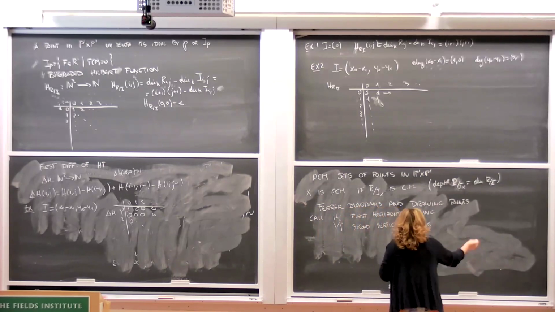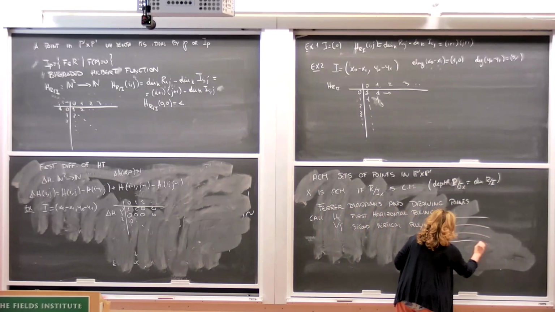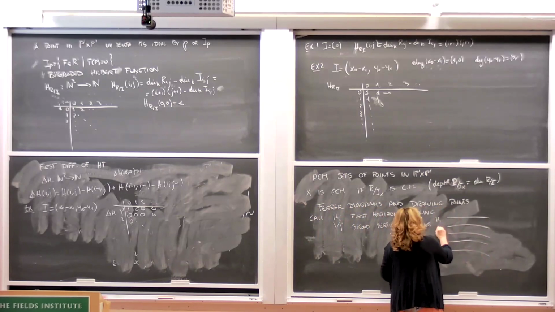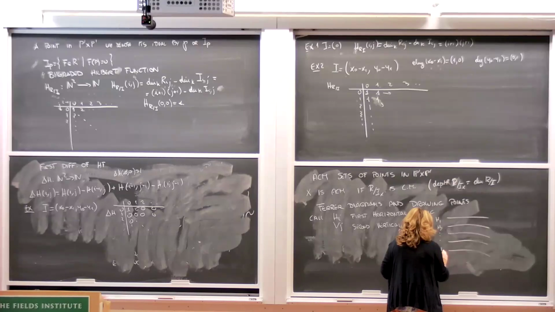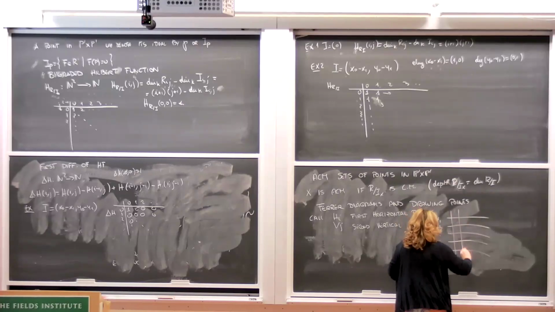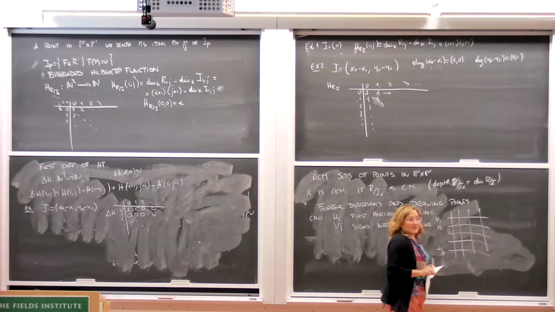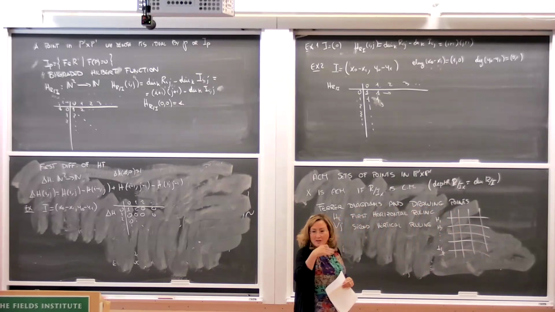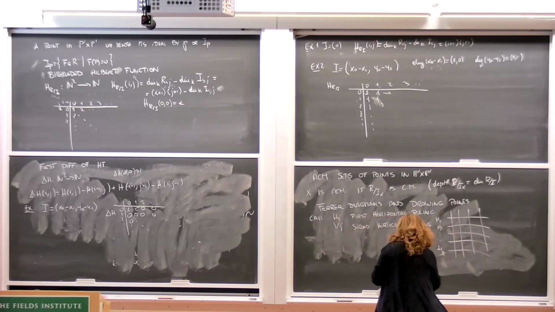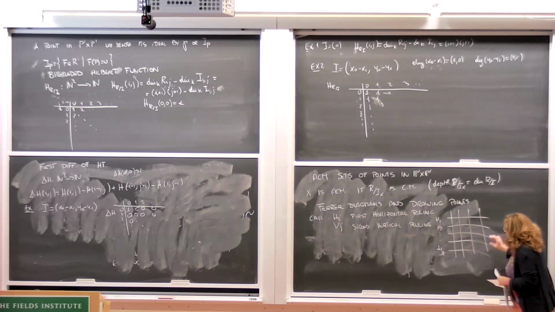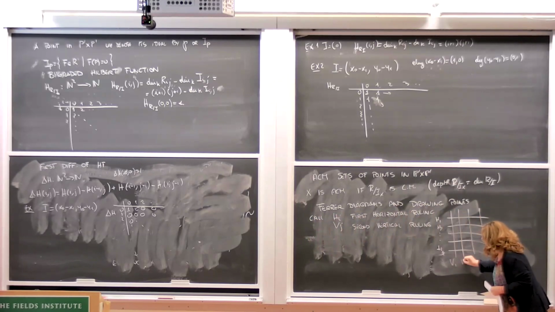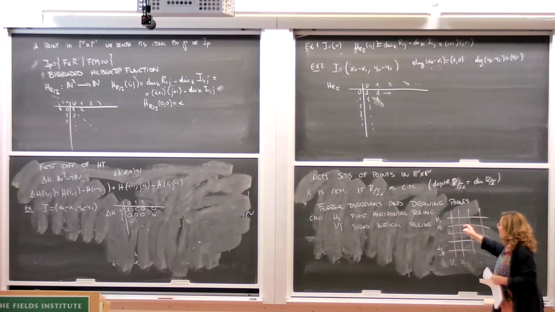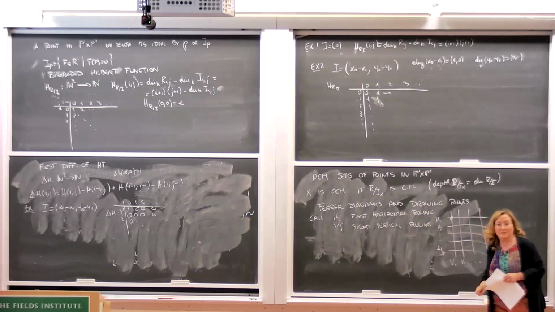This is like H1, H2, and so on. So this is how we want to draw, and we want to draw our points there. So these are the skew lines, and they intersect in a point, okay?